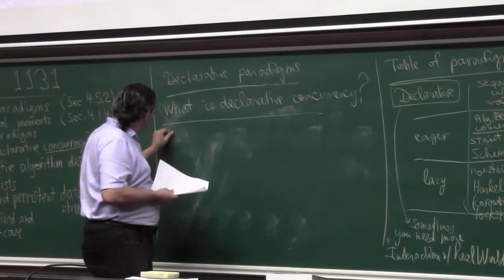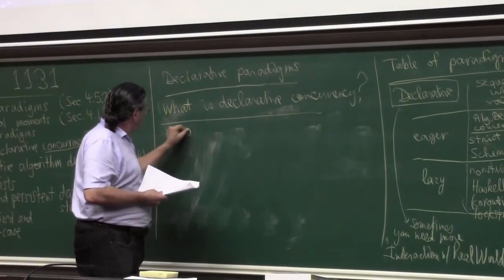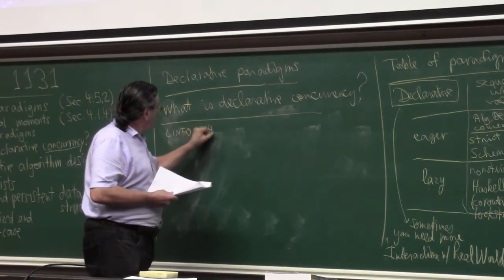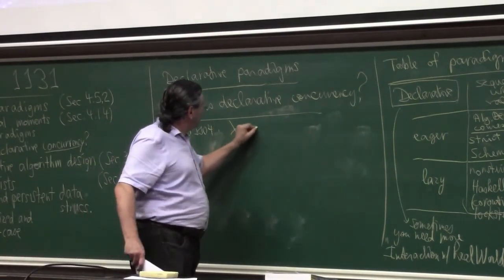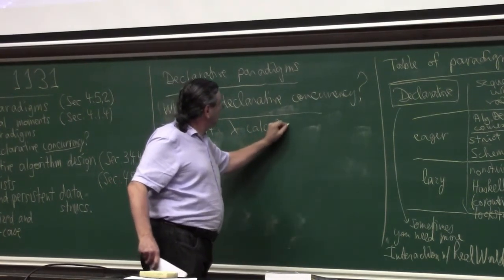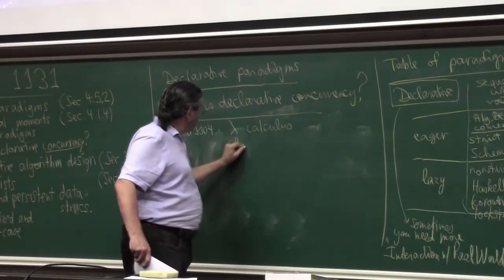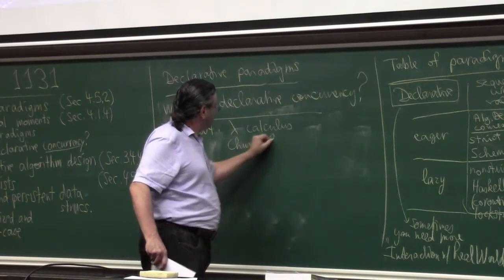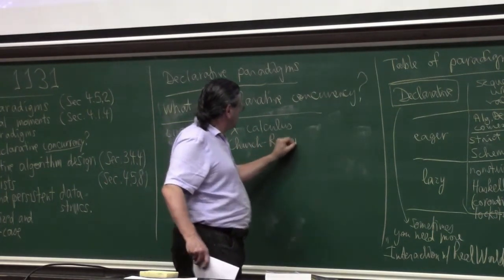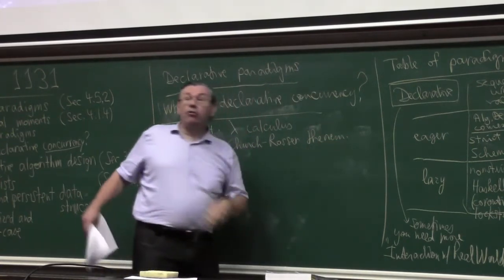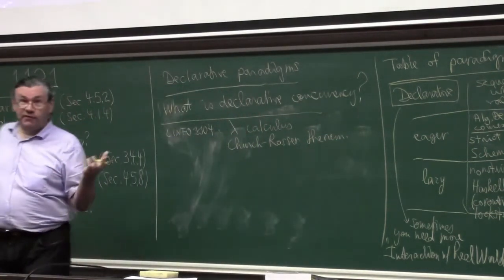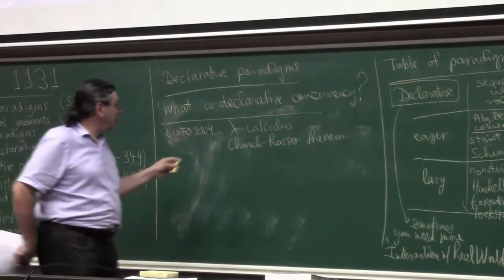So in the previous course, we saw a formal definition. In the previous course, we saw lambda calculus, and we saw the Church-Rosser theorem, which says that all reduction orders give the same result up to variable renaming.